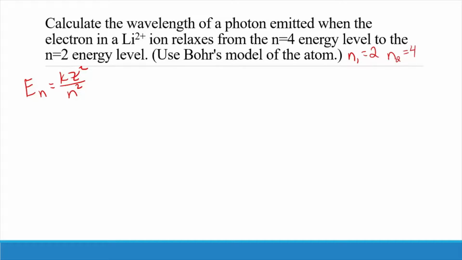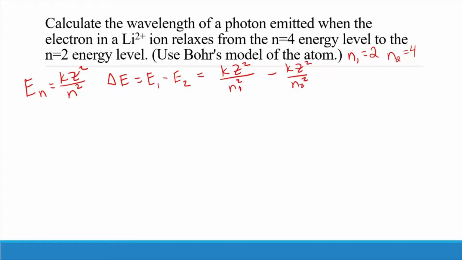And so we have a delta E. So our delta E here is going to equal E1 minus E2, the electron energy from n1 minus the electron energy from n2. And so that would be kZ squared over n1 squared minus kZ squared over n2 squared.